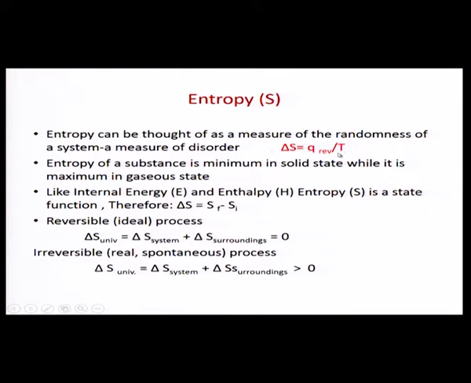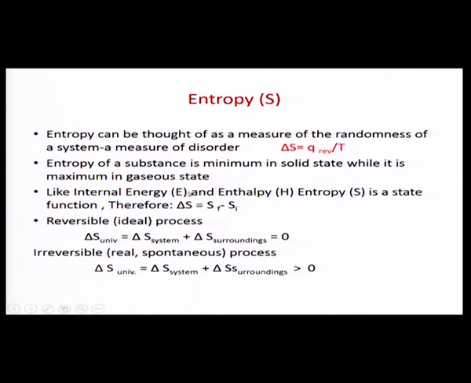So entropy is nothing but a measure of disorder of a particular system. Entropy of a substance is minimum in solid form, while it is maximum in the gaseous state, because gaseous molecules always have interaction, whereas in the solid state it is minimum. So as per this definition, solid materials have minimum entropy value, whereas the gaseous state has maximum entropy value.